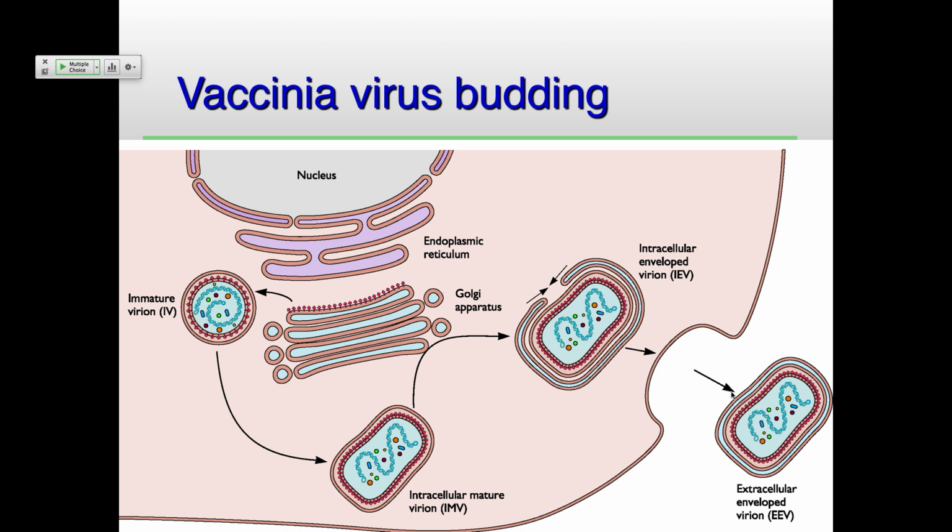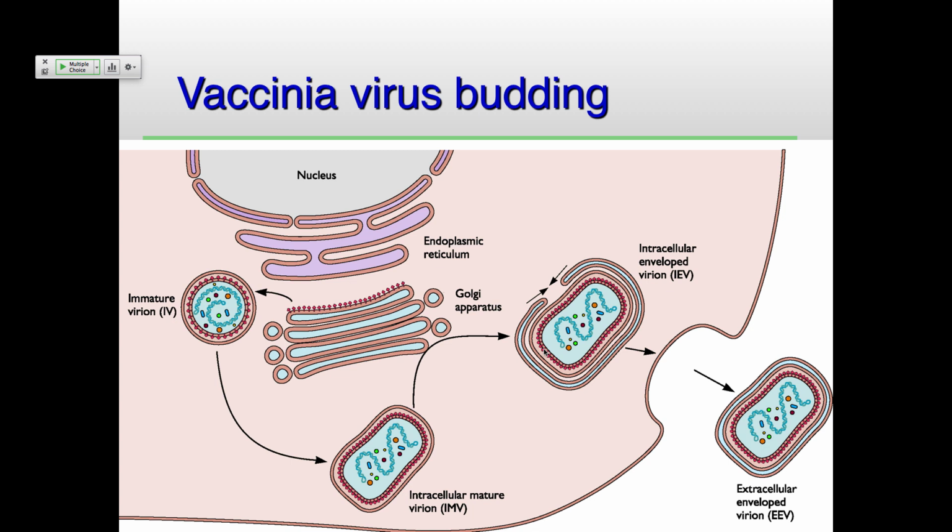And this process of going out and infecting other cells is, again, I think, an interesting one. Because what happens is some of these proteins that are present on the membrane of these Vaccinia viruses are really good at polymerizing actin.